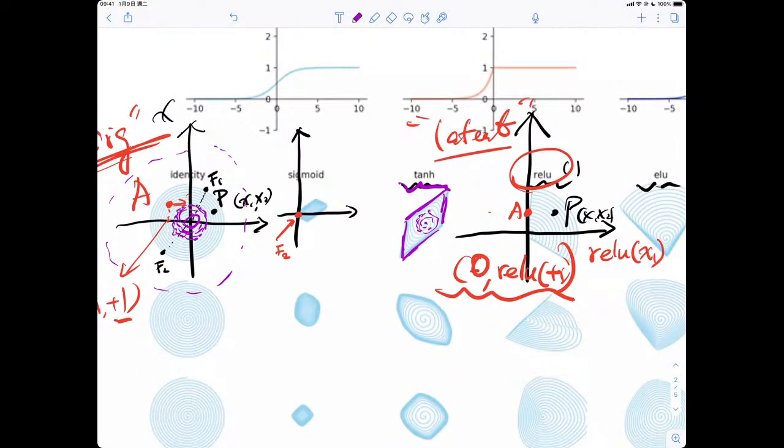If you are very close to 0, your original input and your output will be very close. But if you are very far away from 0, you will be squeezed to a certain area, which is at the edge of this figure.